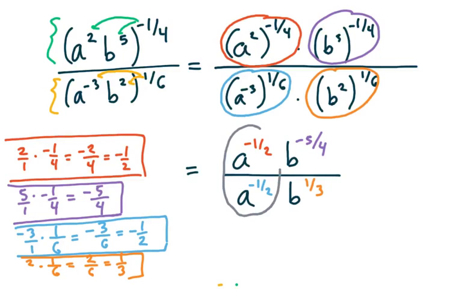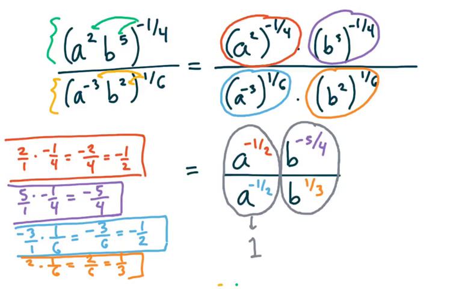You'll notice that I have a to the negative 1/2 divided by a to the negative 1/2, and anything divided by itself just simplifies to 1. So that part wasn't too bad. Now to tackle the b terms, when we are dividing, what do we do with the exponents? So we would actually be subtracting the exponents.